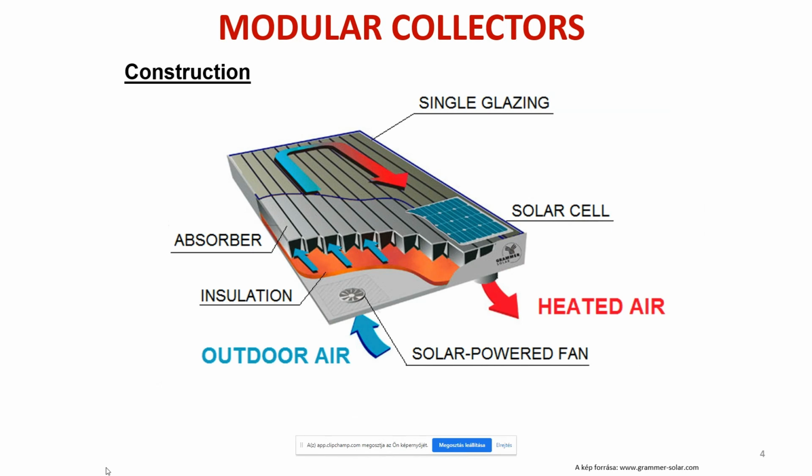First, have a look at modular collectors. They look quite similar to flat plate collectors. You see here a few air ducts, channels made of the absorber material. The air is streaming, powered by a fan which is supplied by a solar cell, so that this system can be made completely independent from the electric grid.